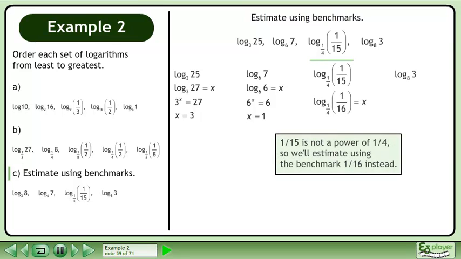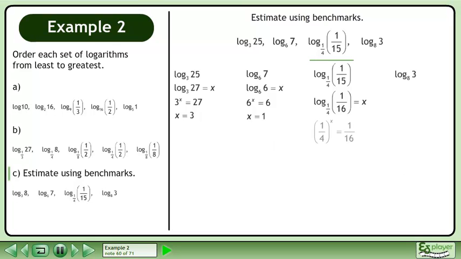In the next logarithm, 1 over 15 is not a power of 1 over 4, so we'll estimate using the benchmark 1 over 16 instead. The logarithm can be written as 1 over 4 to the power of x equals 1 over 16. Write 4 as 2 squared, and write 16 as 2 to the power of 4.